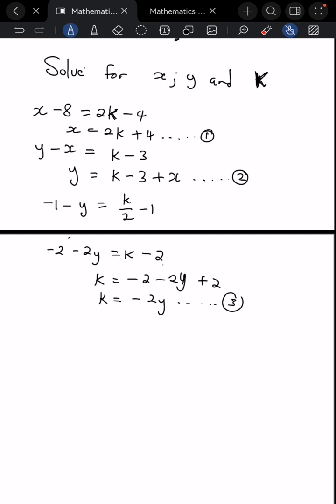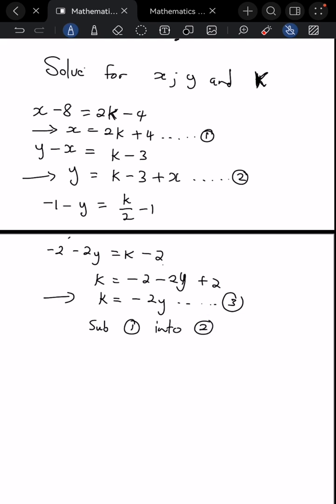Having these equations, let's find the values for x, y, and k. This is our first equation, this is our second, and this is our third. We begin by substituting equation 1 into equation 2.